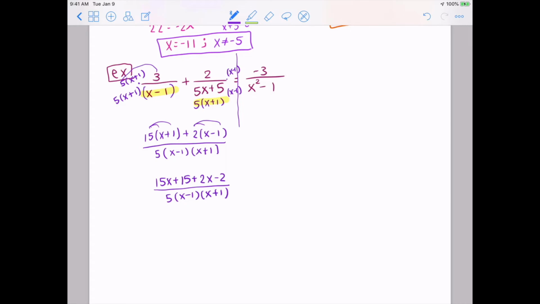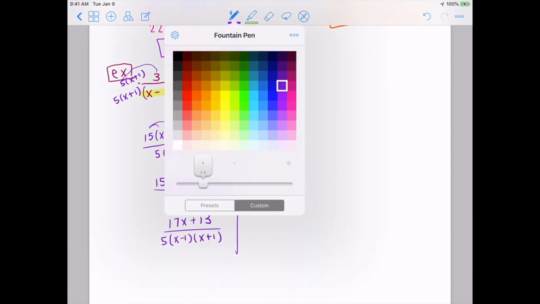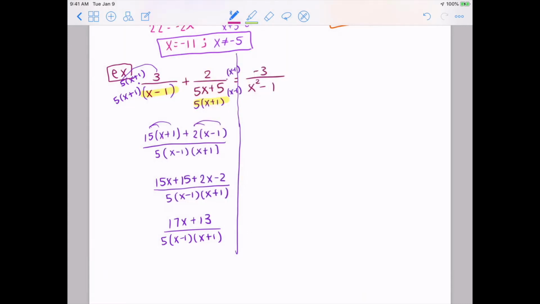Okay, so combine like terms at the top, we get 17x plus 13 over the same thing. Okay, the right side, we have x plus 1, x minus 1. So negative 3 over x plus 1, x minus 1. I can't do anything until the bottom part.